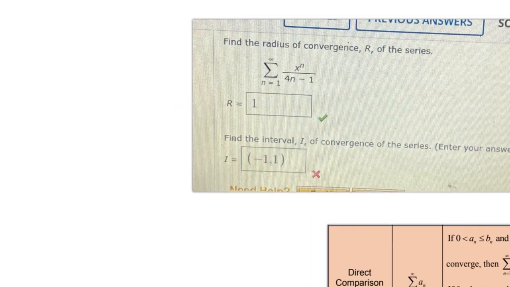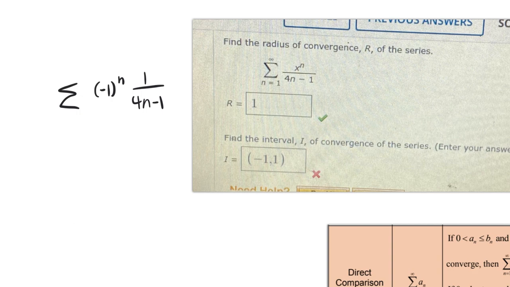So now, of course, the question is, what about when we plug in -1? If we were to plug in -1 for x in this series, it would become -1 raised to the n times 1 over 4n minus 1.